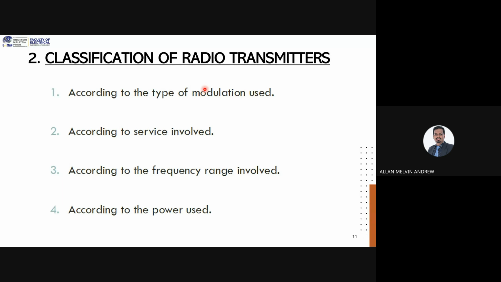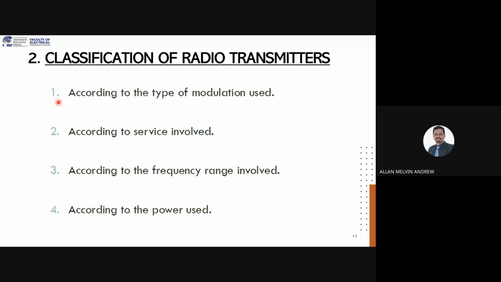So we cannot buy like that. Make sure you read the specification properly: is it within the operating frequency, and is it using the type of modulation that you want? Usually radio transmitters are not really cheap, and even though it's affordable, you don't want to waste your money, right? So make sure you buy according to the correct classification.